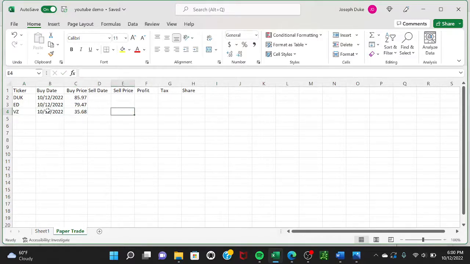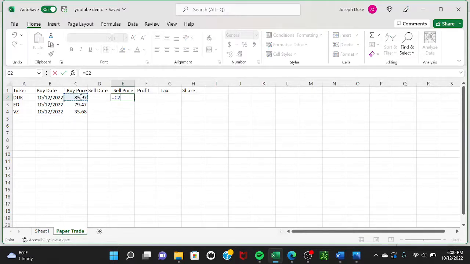Okay. So now we need sell price, right? So if I were you and I was unsure of kind of how this works, I would get a calculator and take the buy price times 1.01 and do it that way. Now, as we start doing it in mass, we'll use formulas. It's this price.